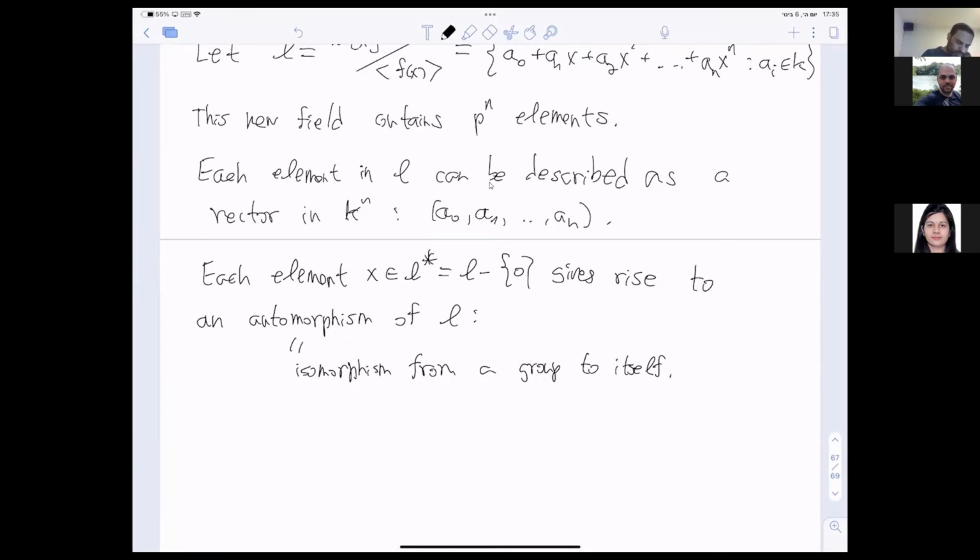So what is this automorphism? Just multiplication by, maybe it's not intelligent to call it X because we have already X, so maybe we call it Y. So what is the automorphism h_Y? It's an automorphism from L to L. h_Y of some element, we may call it sigma, is just Y sigma.